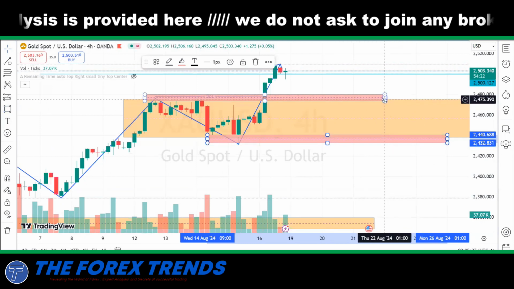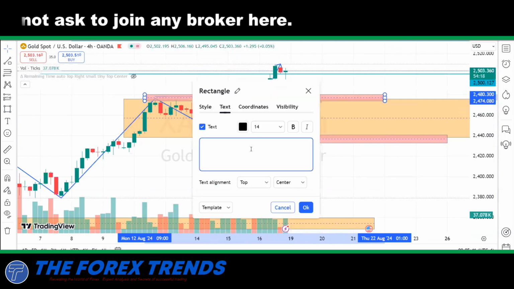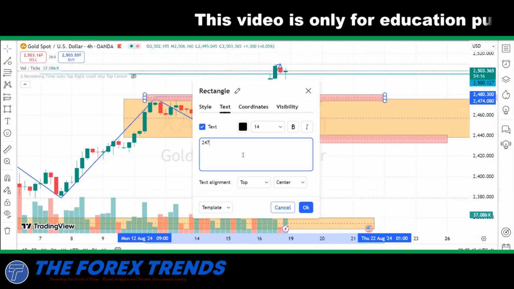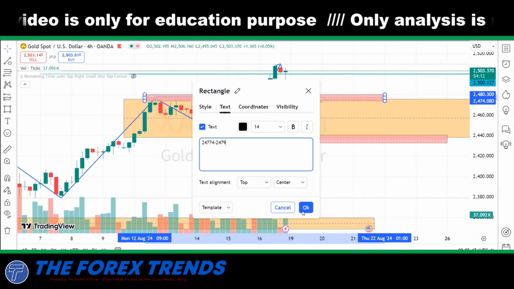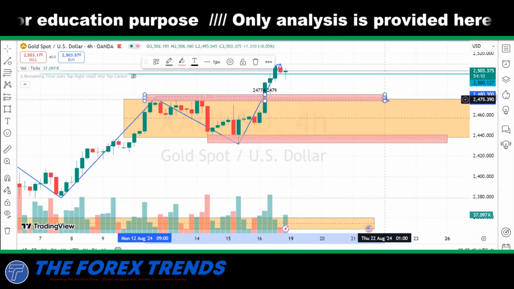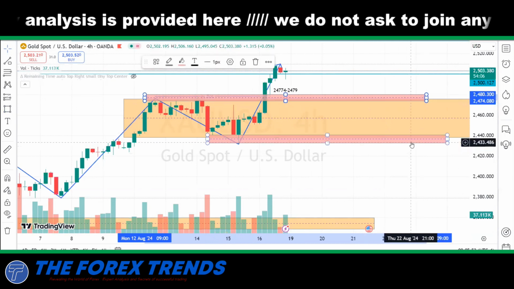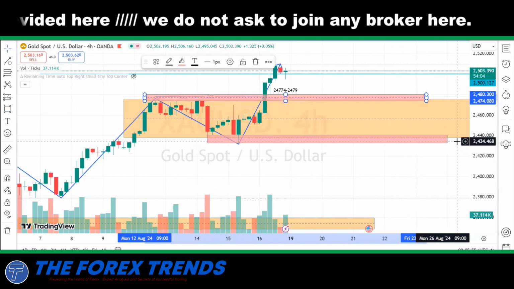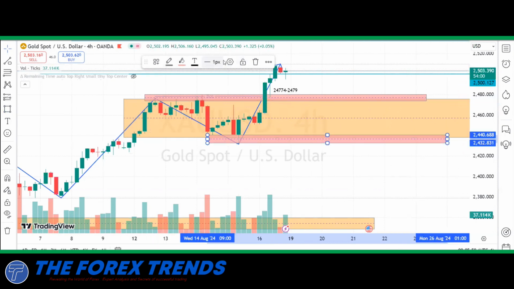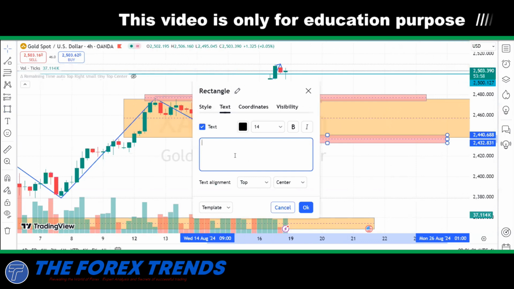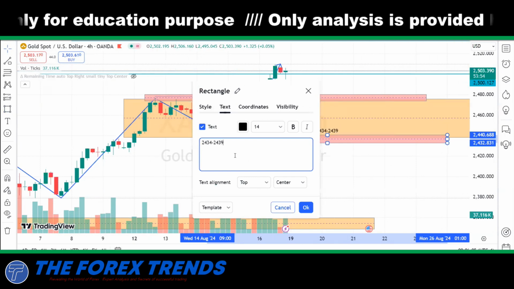And the price of the first POI is 2474 to 2479. Let me write the price here. 2474 to 2479. Okay. And the second POI price is 2434 to 2439.